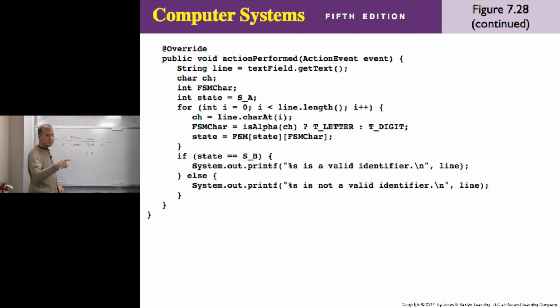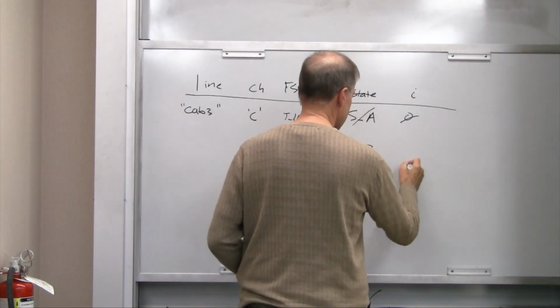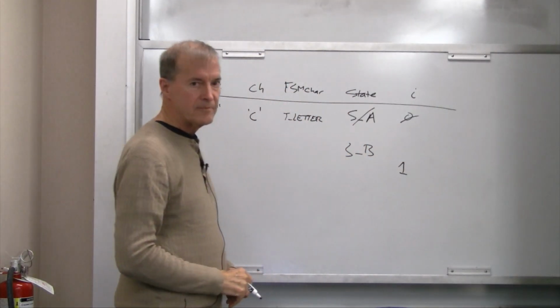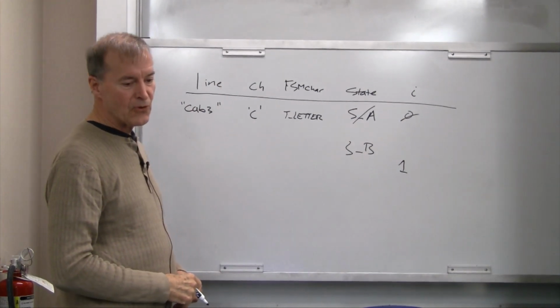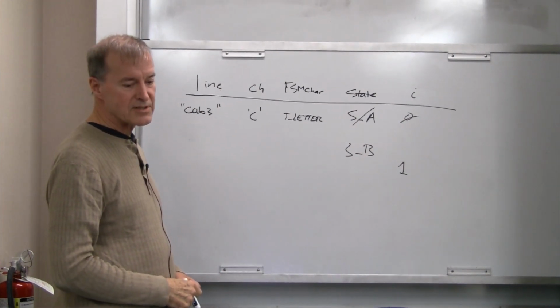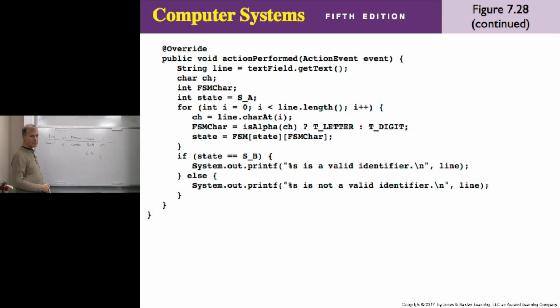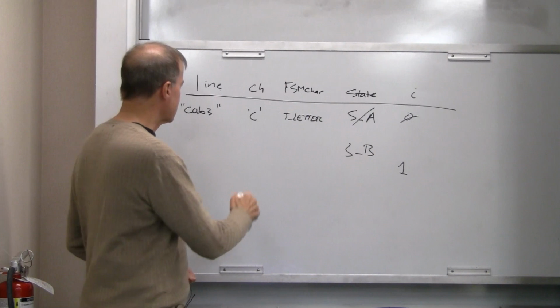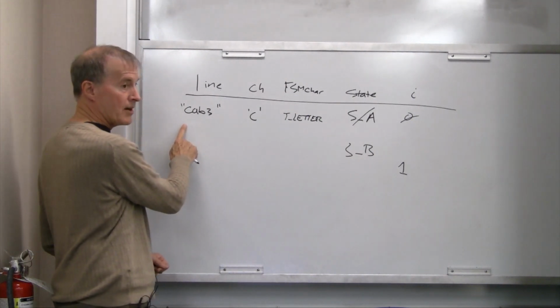It's i++. So what happens with i? It gets 1. And now it's for int i gets 0, i less than line.length. What is line.length? 4. Is 1 less than 4? Yeah. So ch gets what? line.charAt(1). What is line.charAt(1)?